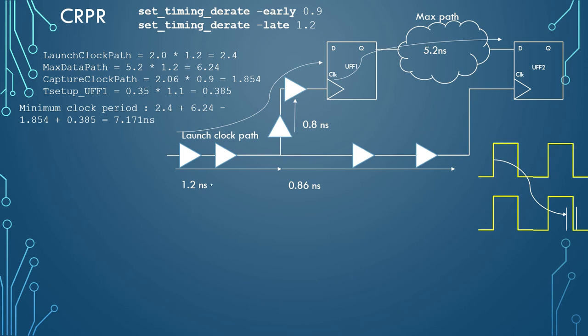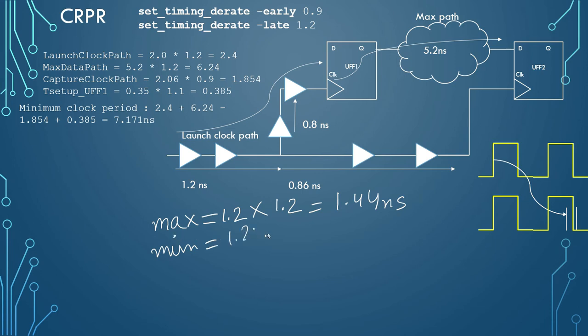Now, let's see what is happening here. We are derating this part of the clock tree, 1.2 nanoseconds, by 20%. So that means on the max side it is actually 1.2 into 1.2, because it is getting derated by 20% in the late or max path side. So it becomes 1.44 nanoseconds. And if we calculate for min, then this value will come out to be 1.2 into 0.9, because we are derating by 10% in early.